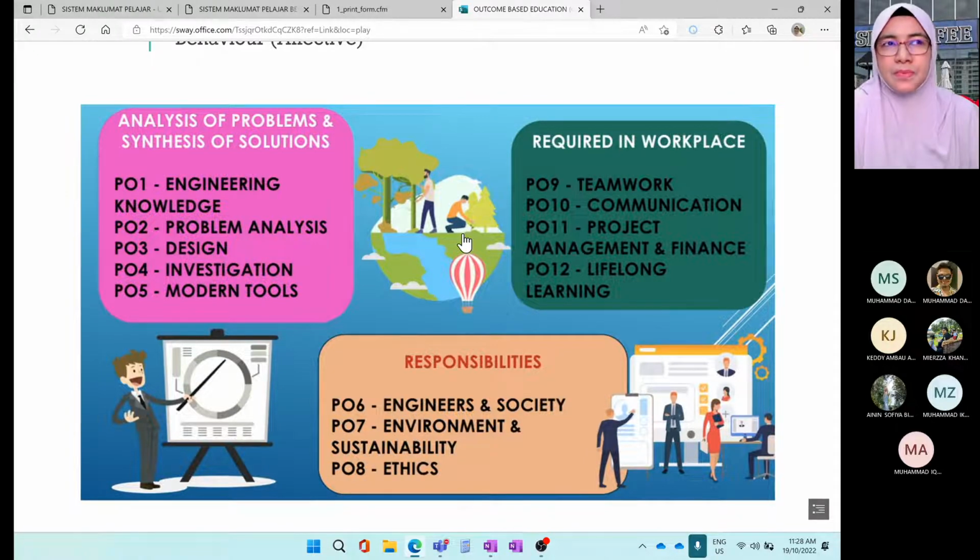All courses, and we normally map all our faculty courses, about 56 courses if I'm not mistaken, are mapped to all these 12 POs, and all POs will be measured. So you have your own PO score, which is called PO attainment.